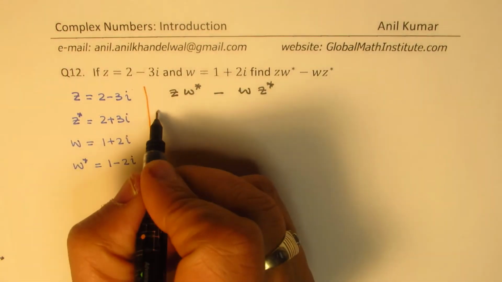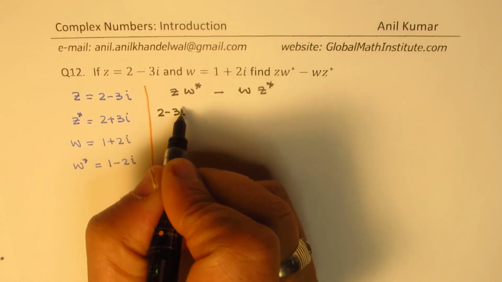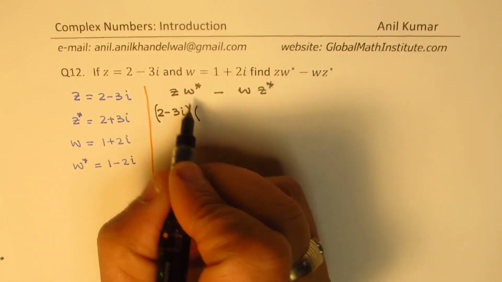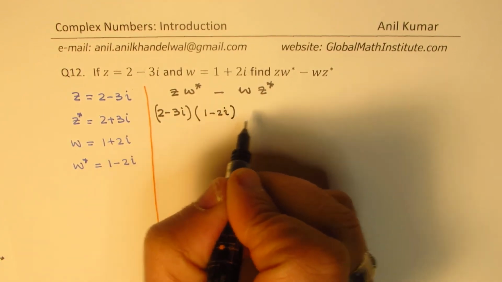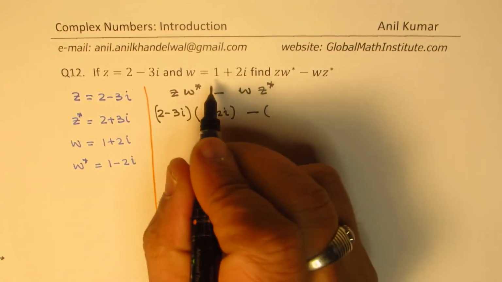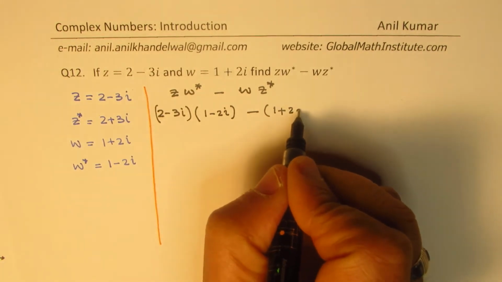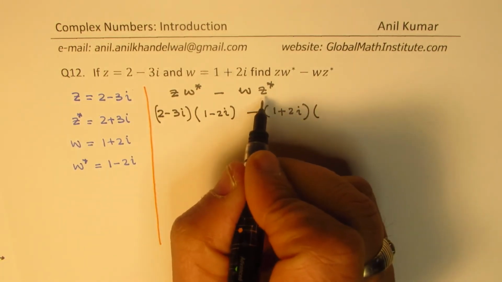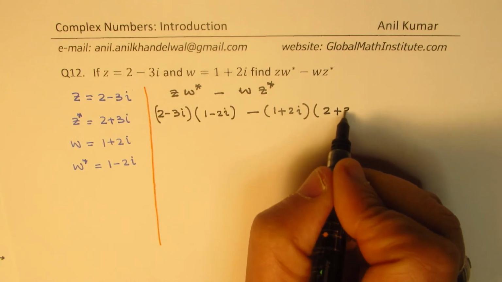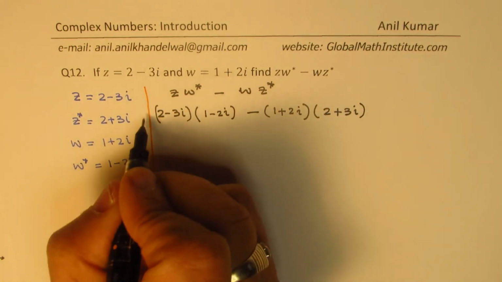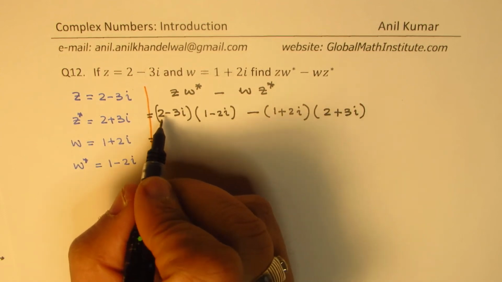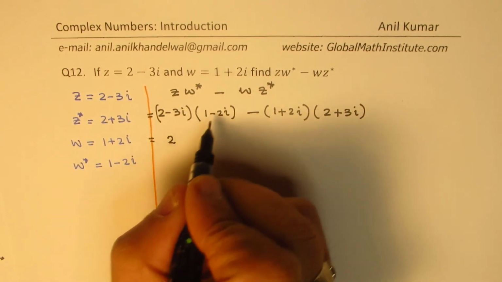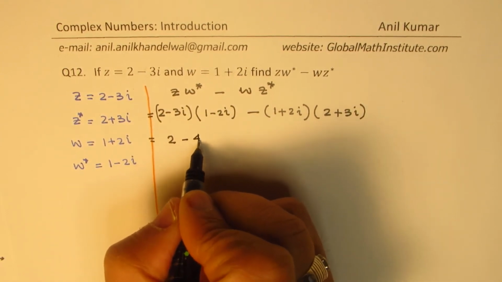So we have 2 minus 3i times the conjugate, 1 minus 2i, minus w, which is given to us as 1 plus 2i, times the conjugate of z, which is 2 plus 3i. Is that clear? So let's expand and simplify. We get 2 times 1 as 2. 2 times negative 2i is minus 4i.